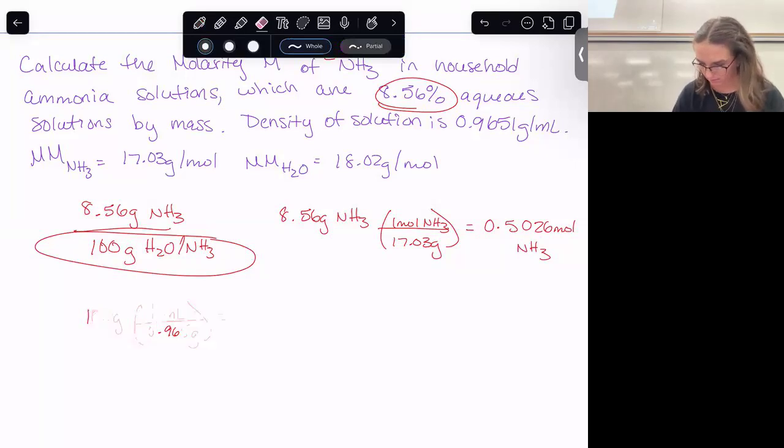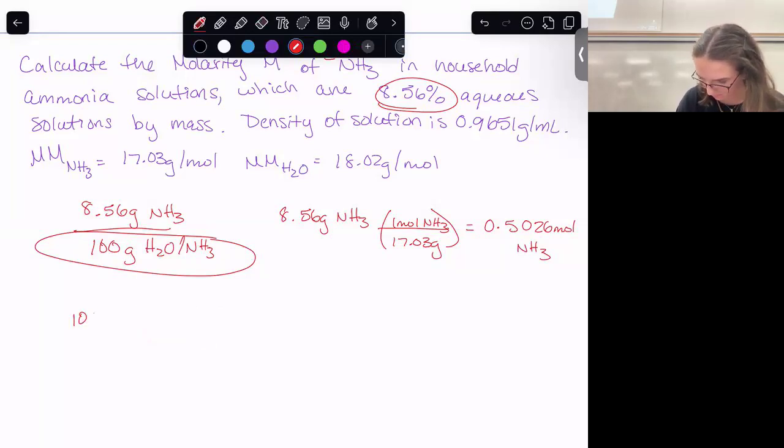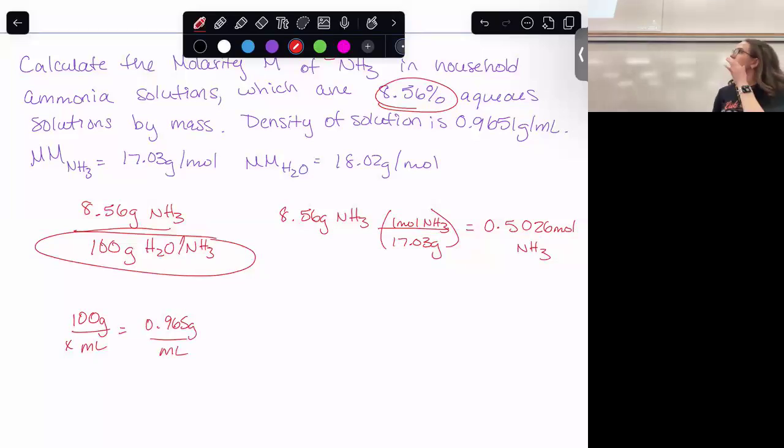The correct dimensional analysis: we have 100 grams, we have X amount of mils, and our density is 0.965 divided by 1 milliliter.